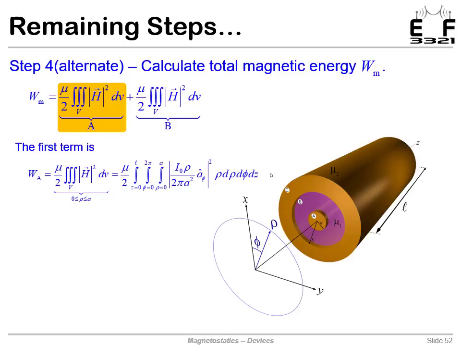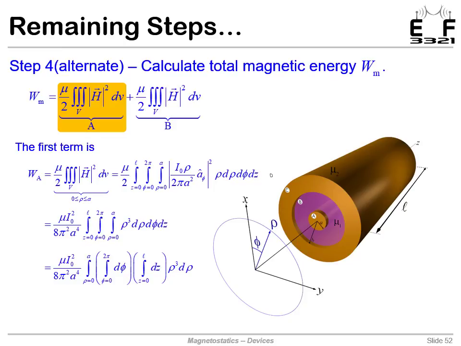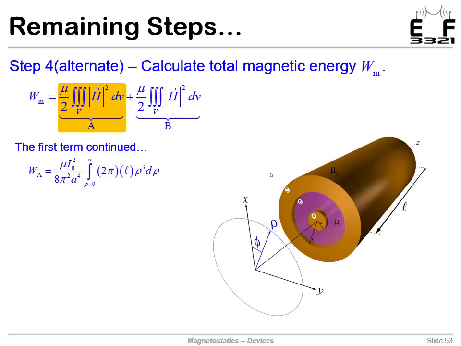So at this point, it just becomes a math problem. I like to bring as many constants to the outside as possible, and all we're left with is really a rho cubed inside. That lets us isolate our phi integral and our z integral, and we can see that this will just be L, and this one will just be 2 pi. So in fact, that's what we get. Let's continue.